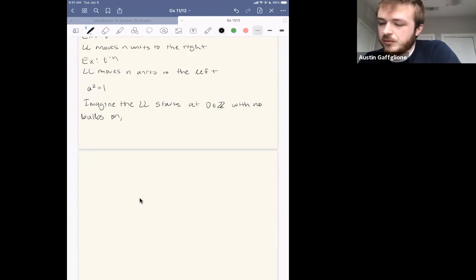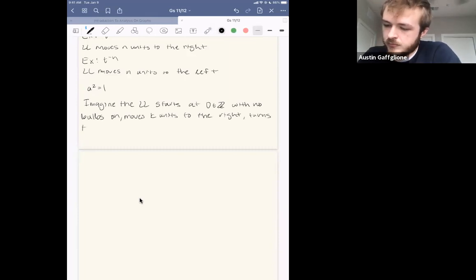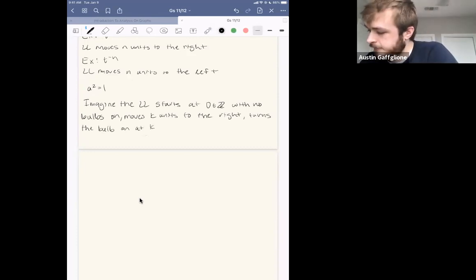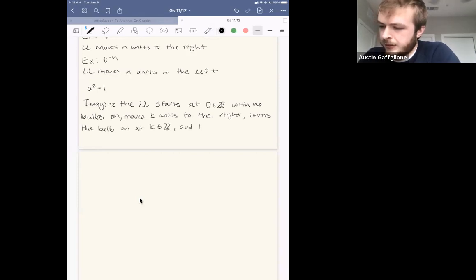And then the Lamplighter moves K units to the right, turns the bulb on at K, and then moves K units to the left.